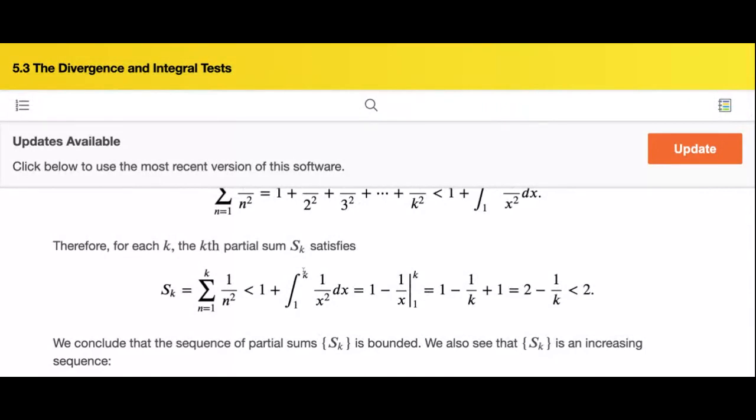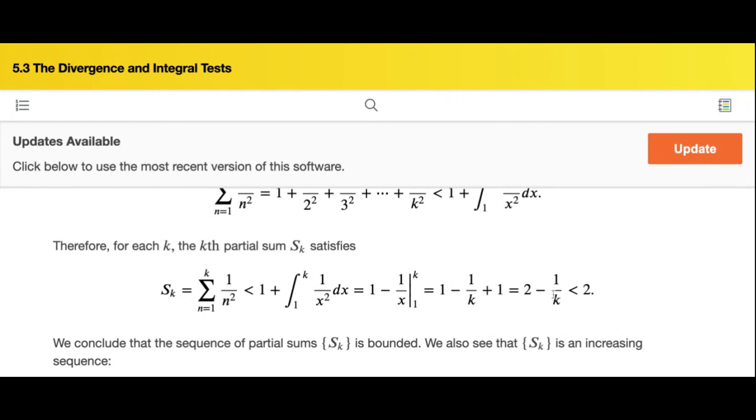Now we can calculate the integral from 1 to k of 1 over x squared, right? That's just negative 1 over x, evaluated from 1 up to k. So what do we get? We get 1 minus 1 over k, and minus 1 becomes plus 1.